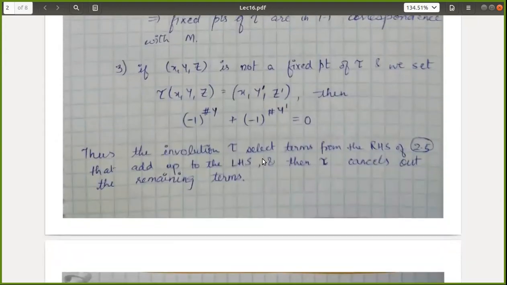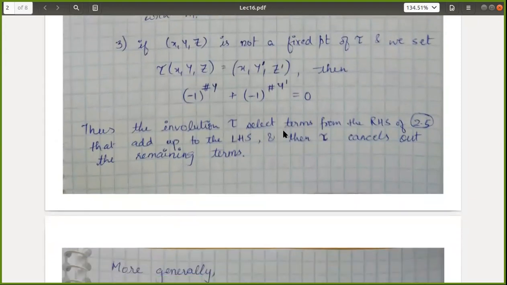So involution selects terms from the right-hand side of 2.5, add them up to the left-hand side, and then tau cancels out the remaining terms due to this. So this involution is taking place and in pairs terms get cancelled out.